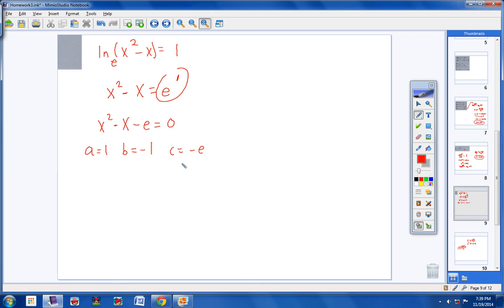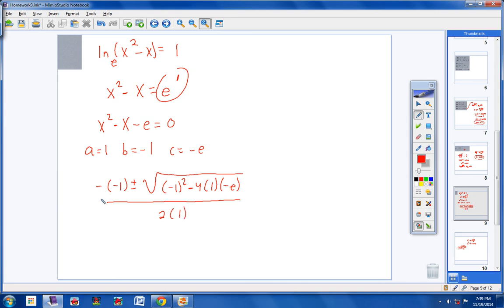Now here we go. Negative b plus or minus the square root of b squared minus 4ac, all over 2a.